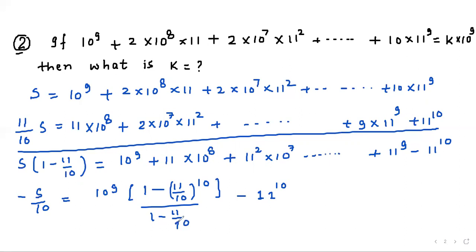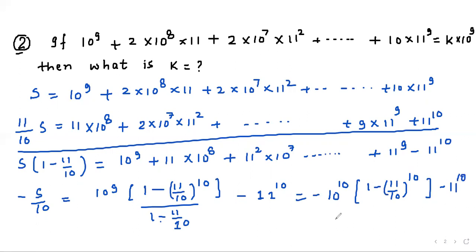Now from here this will give 10 minus 11, that is minus 1 by 10. So this will increase this power, so we will get minus 10 power 10 times 1 minus (11 by 10) power 10 minus 11 power 10.